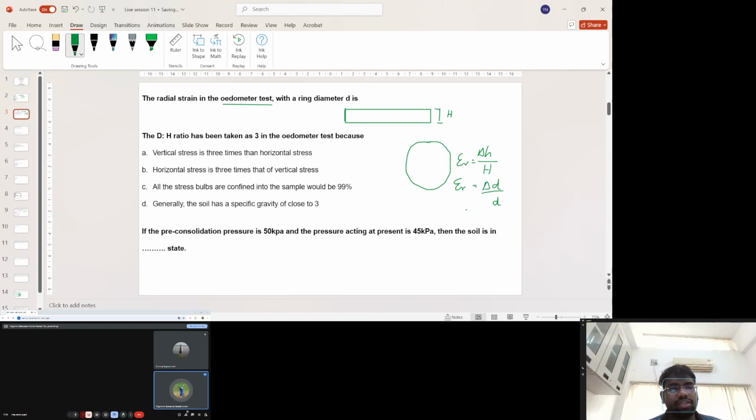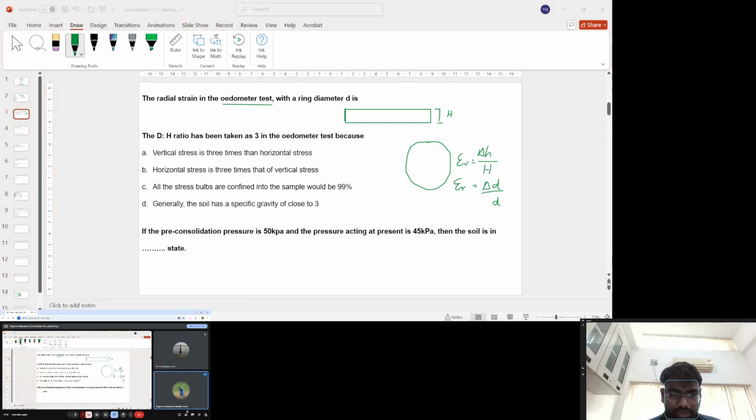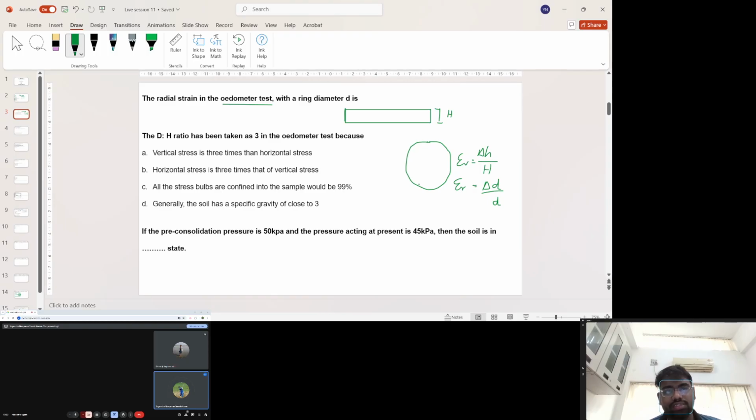Is there any way for the diameter to change for the applied load on the soil mass? Since the walls, that is the rings, are rigid, there will be no change.